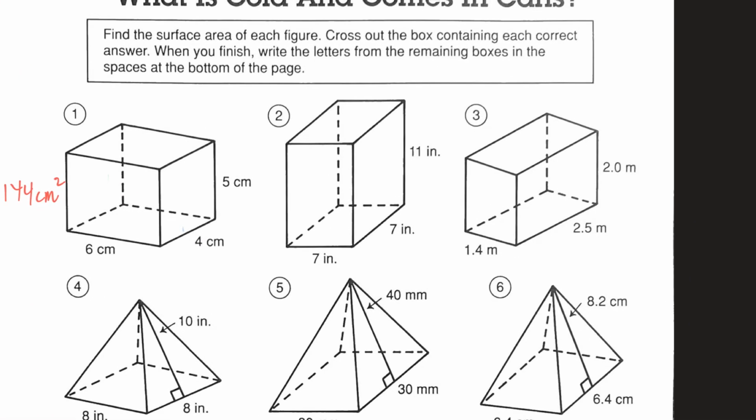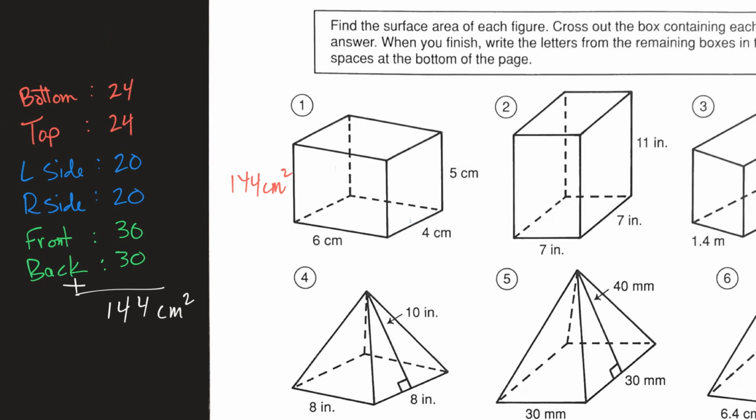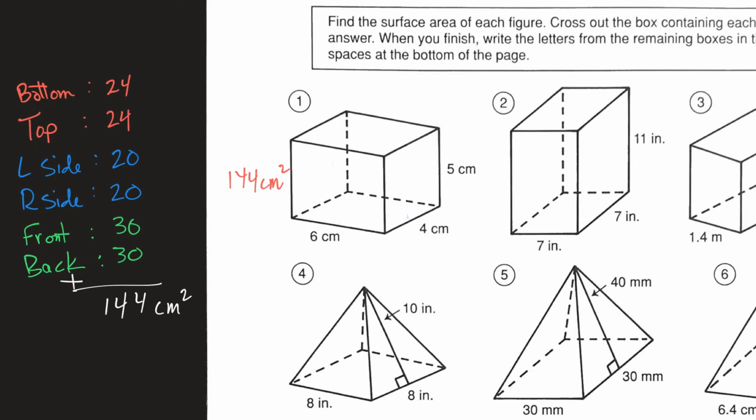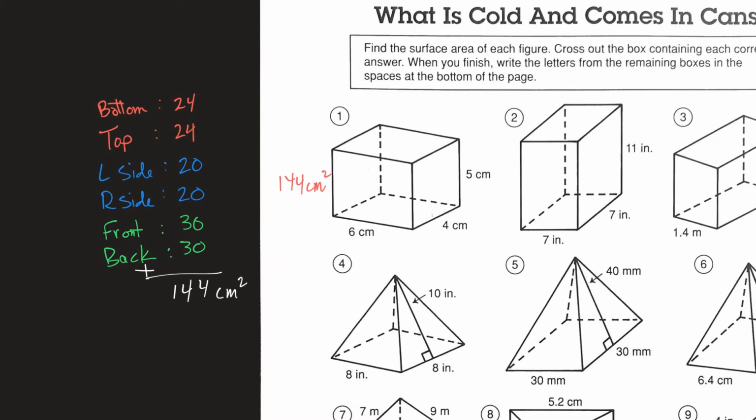Number 2 is this. Let's see. How about I put this here, like this, and I'm going to erase the other stuff. I'm going to try to stretch this here like this.